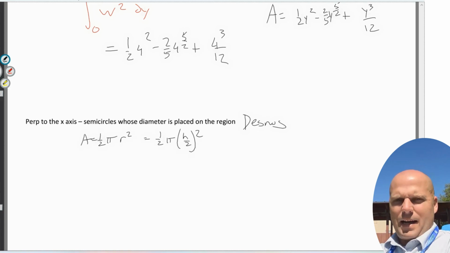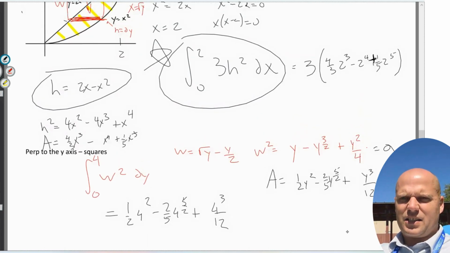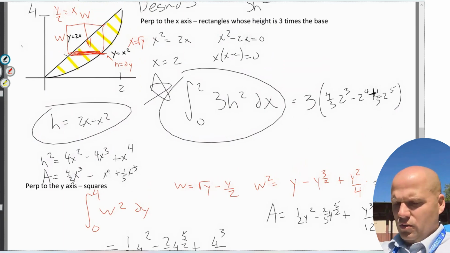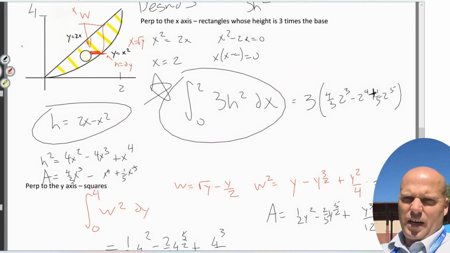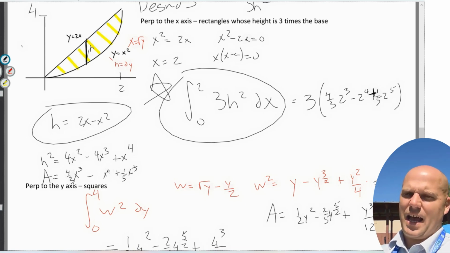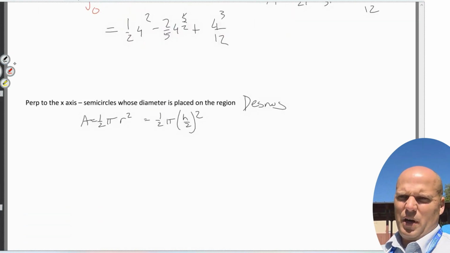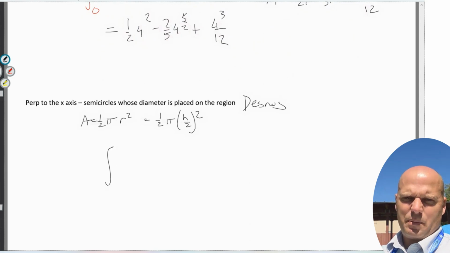Since I am back to being perpendicular to the x-axis, I don't want to do this without a calculator, so I'm not going to. Height is 2x minus x squared. If I divided by 2, I'd have x minus x squared over 2. But instead, I'm just going to sum up from 0 to 2 my 1/2 pi h over 2 squareds.